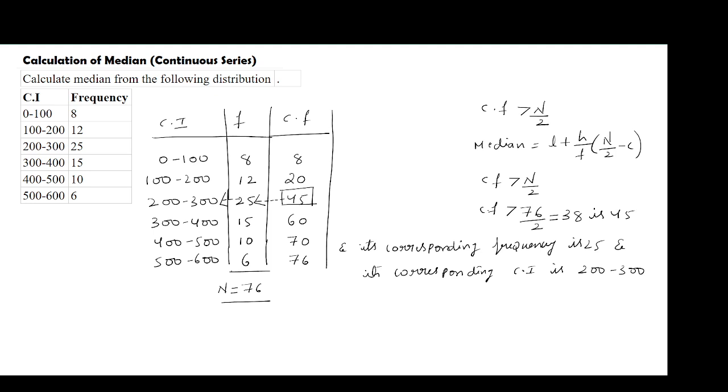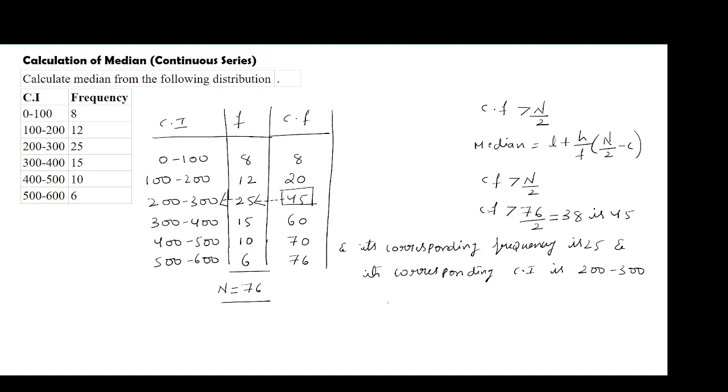So I have calculated capital N value, I got 76. I found out cumulative frequency. After that I have calculated cumulative frequency greater than n by 2. N value 76 divided by 2 is 38. So cumulative frequency which is greater than 38 in the cumulative frequency column is 45. Corresponding frequency is 25 and the corresponding class interval is 200 to 300.